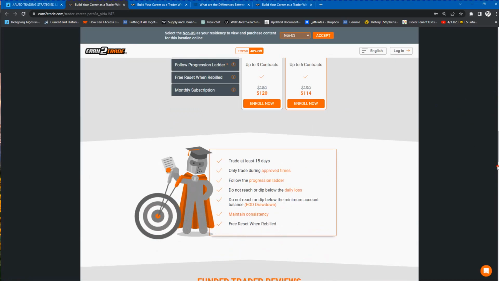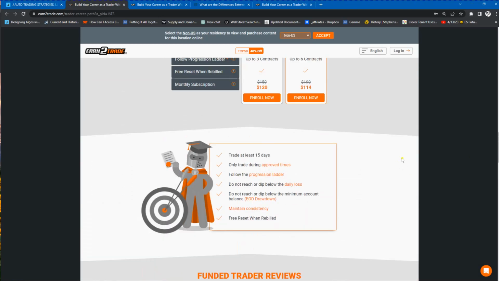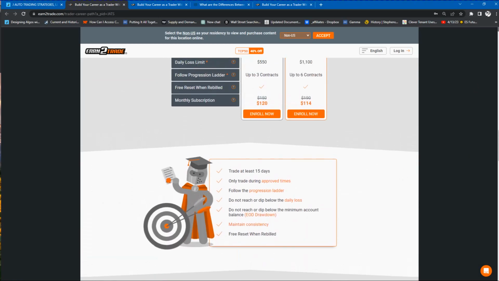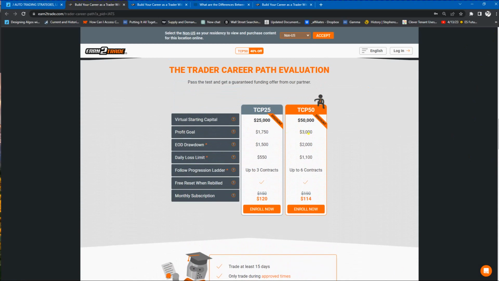You would have a profit goal of 3,000 and a drawdown of 2,000. So don't exceed your drawdown, or your daily loss of 1,100. Your total drawdown can only be 2,000, but you can get up to around 1,100 or below, no more, and keep the funded trading gauntlet alive.